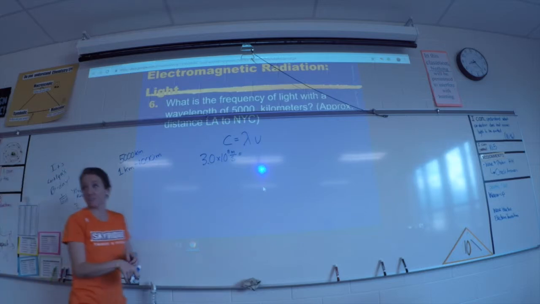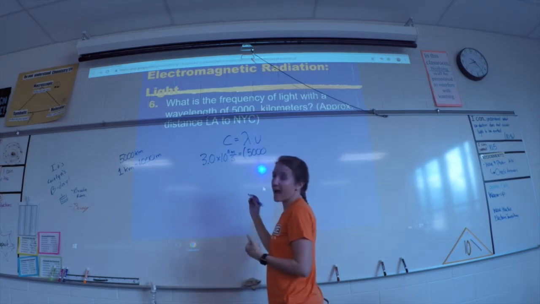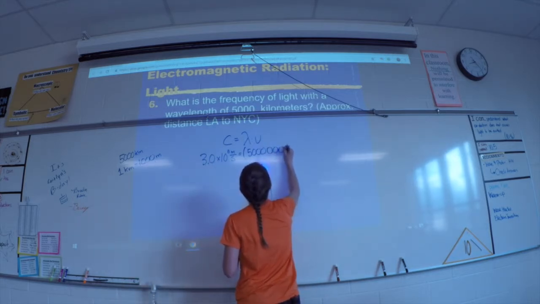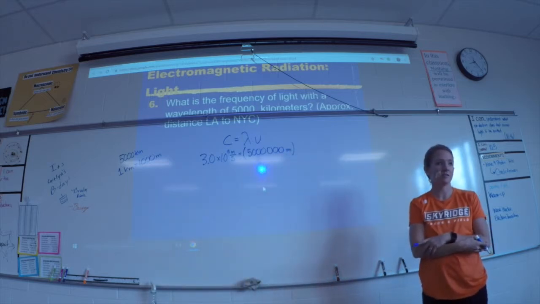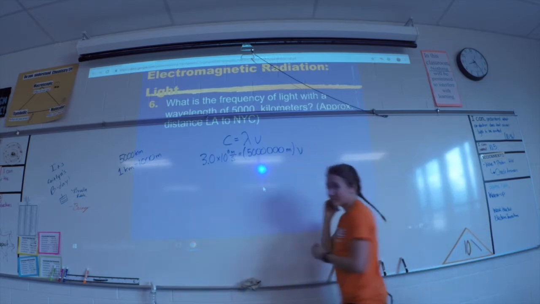So you can just write it like this really if you wanted to. The wavelength is going to be 5,000, and then we add 3 more zeros, for 5 million meters. And then I'm trying to find frequency, so we leave that as a variable.